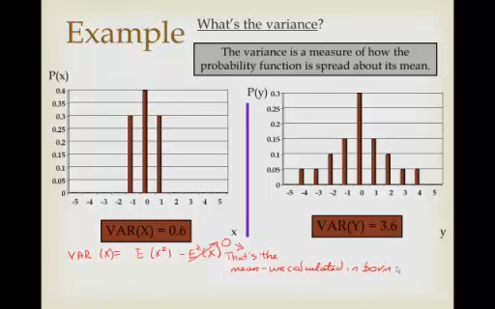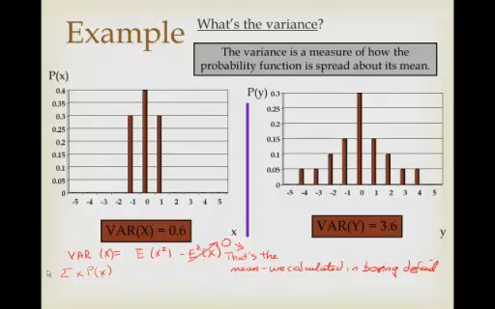So for this part, how do we calculate it? Remember, the expected value E of x is the sum of x times the probability of x.